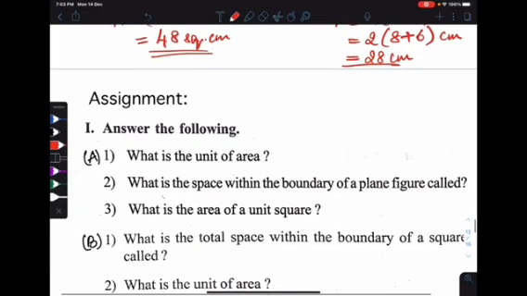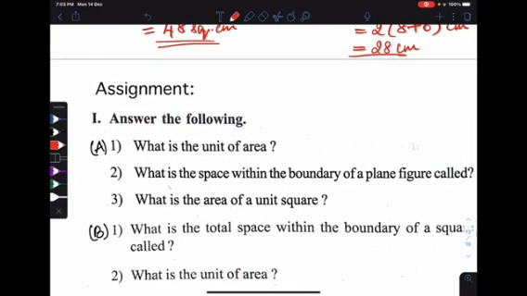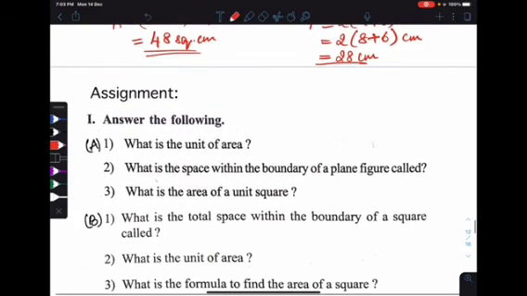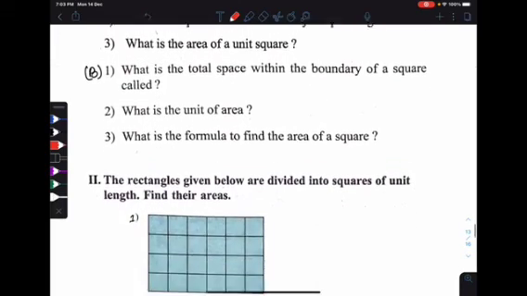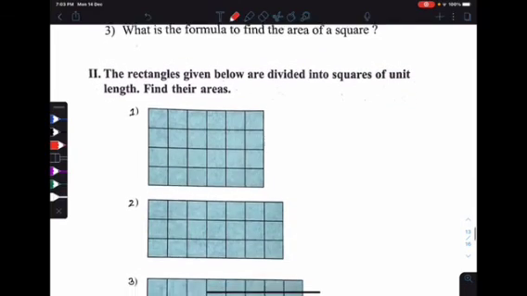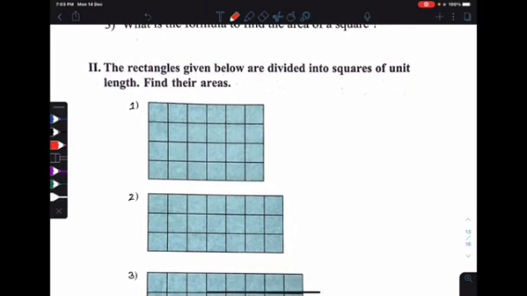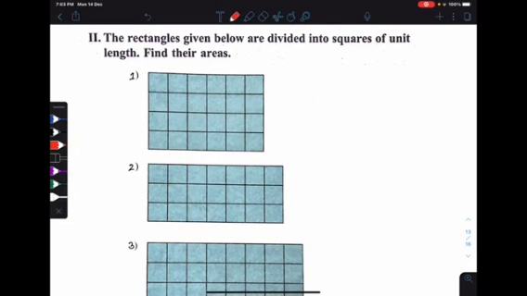With this, we'll have to attend to few assignment questions. Children, all the questions are discussed in the session. You can just try answering them all by yourself and check out the answers in the PDF. The second main has few figures which we have already dealt with in the sessions. You need to find the areas by counting the squares.